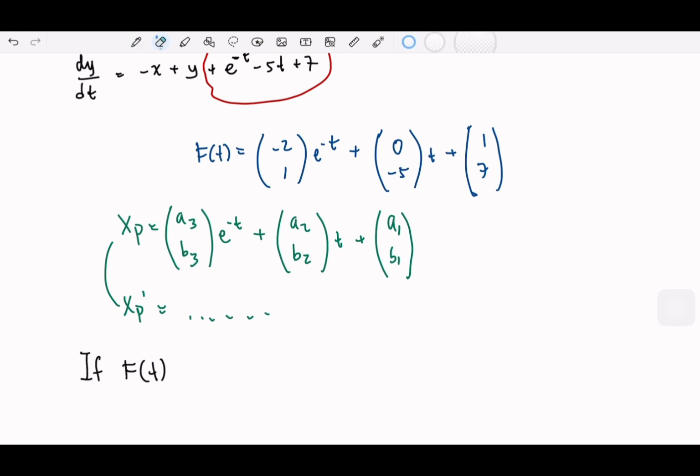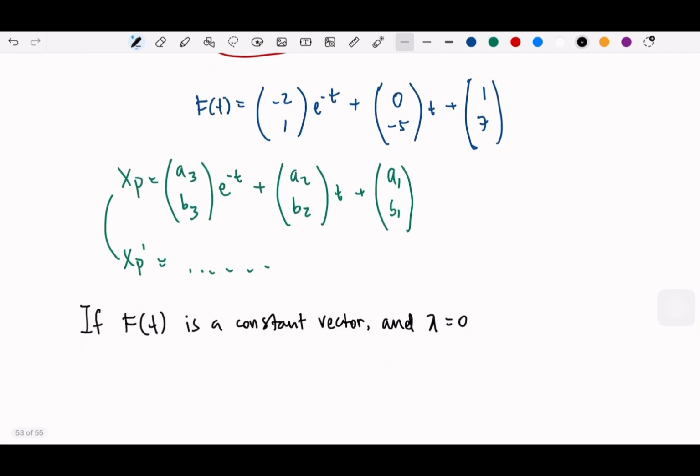If f of t is a constant factor and the eigenvalue is 0, and this is multiplicity of 1, suppose, then the homogeneous part, the xc, contains a constant factor, right?